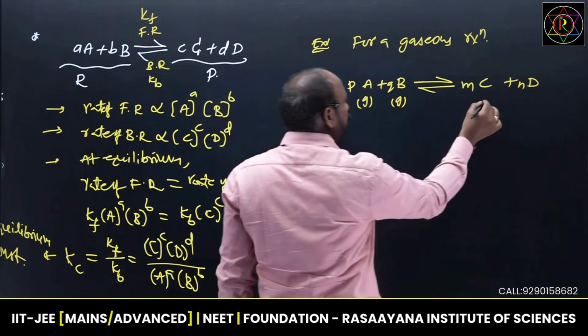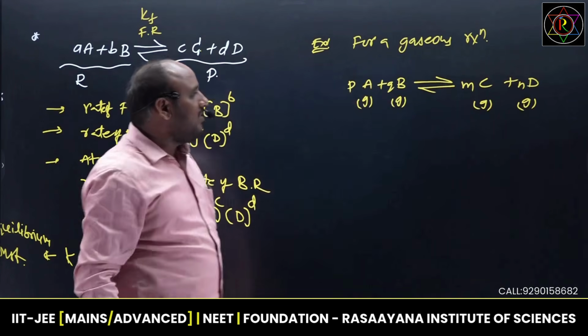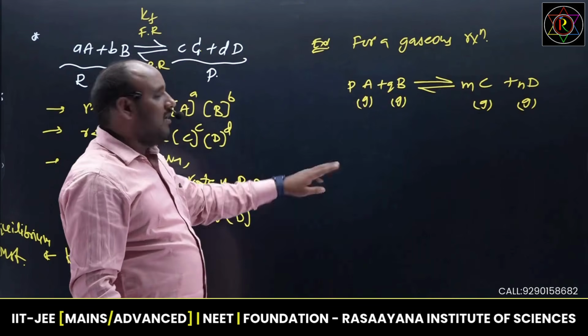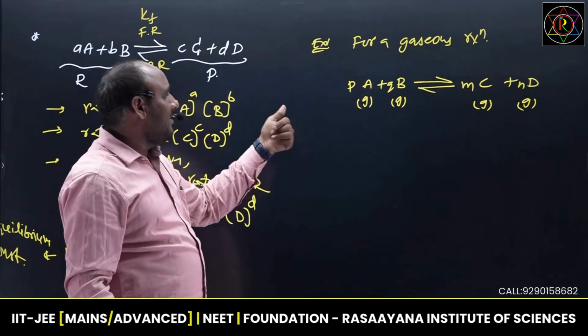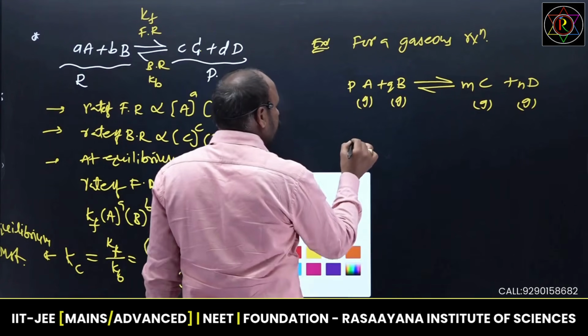So this is also gaseous only. All reactants and products are gaseous, therefore we have to apply the concept of the law of chemical equilibrium. Instead of Kc we have to consider Kp.